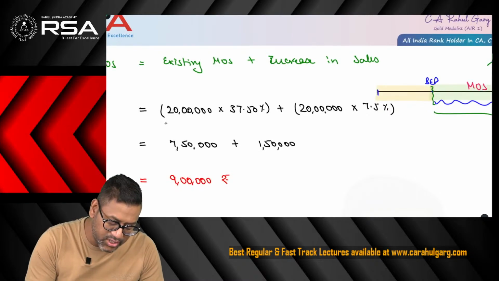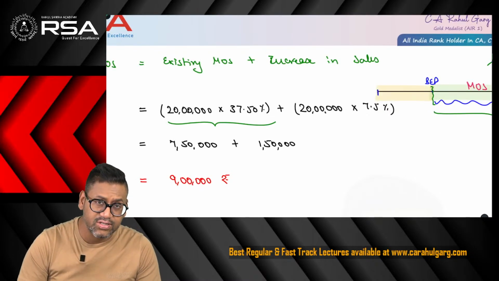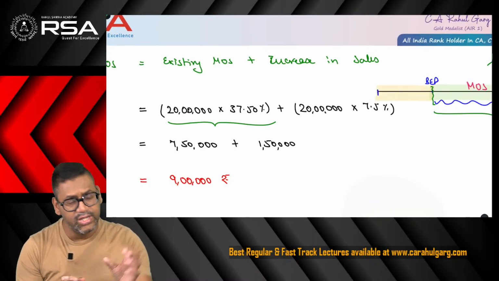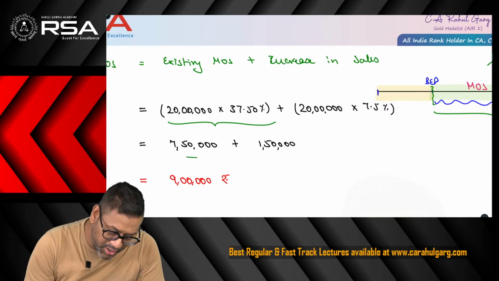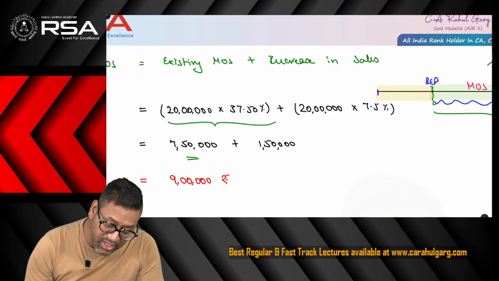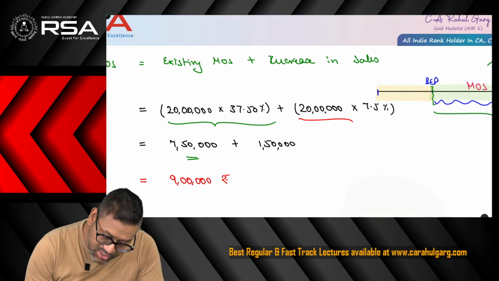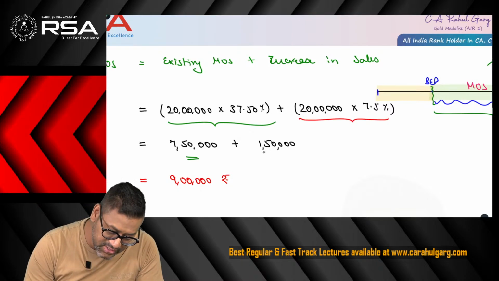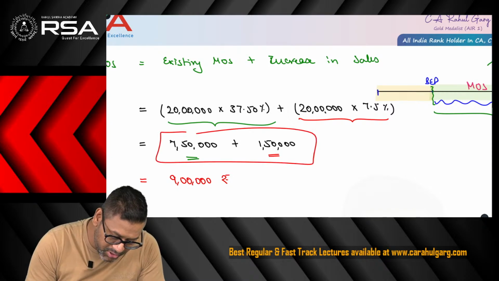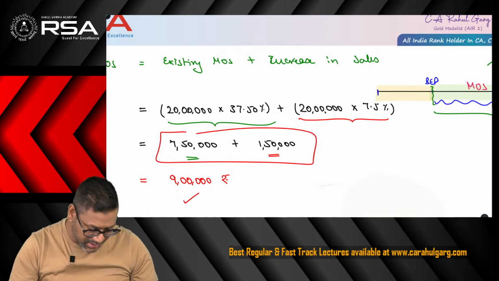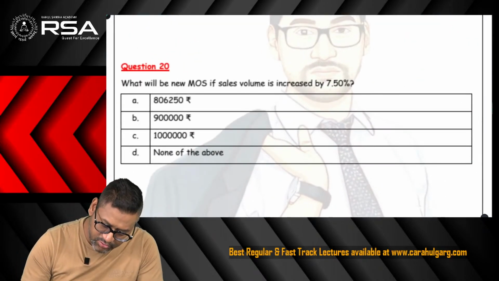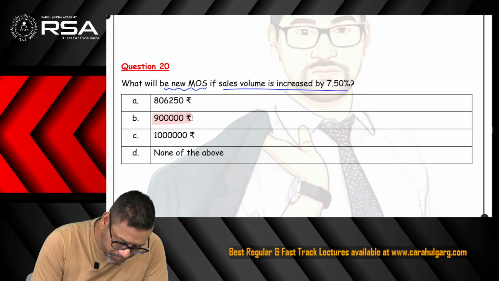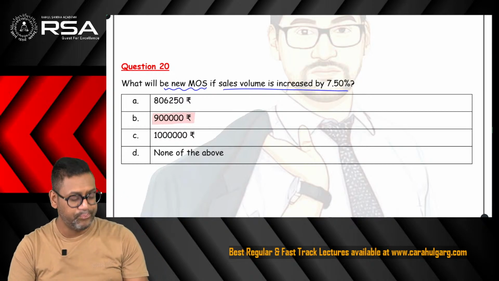Total sales are 20 lakh. The question said in the starting that 37.5% is the MOS. So the current MOS is 7.5 lakh plus the additional MOS of 7.5% of the sales, that is 1.5 lakh. So the total is rupees 9 lakh, and we will mark the correct option of rupees 9 lakh, which is option B.